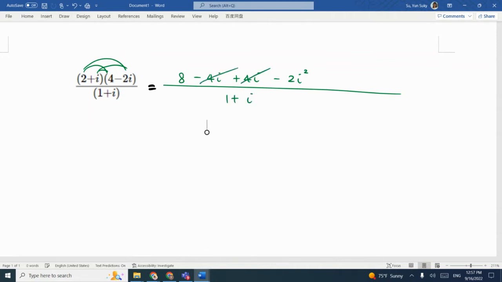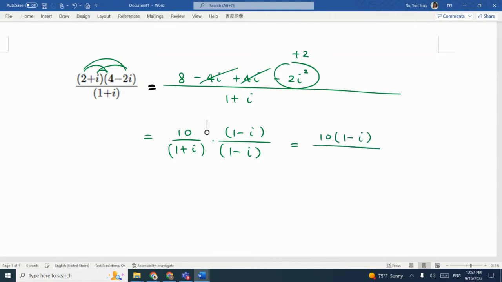Oh, these cancel. Do you see this is positive 2? So we have 10 over 1 plus i. And then we multiply by 1 minus i. The numerator, let's keep 10 times 1 minus i, because maybe later on we can cancel.